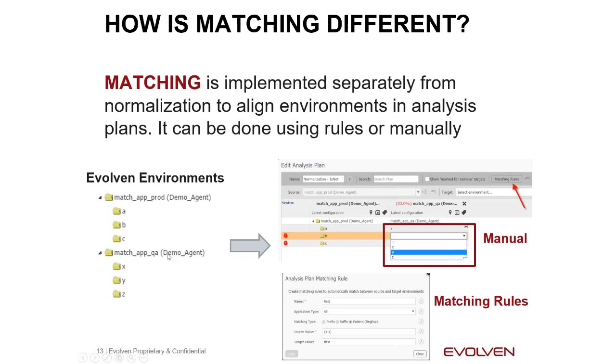And when we do that, what we find is that A, B, and C are identified as folders, and X, Y, and Z are not shown, in the sense that A, B, and C as your source are going to show up, and then it won't know on the right side what to align, because by default, X, Y, and Z have nothing to do with A, B, and C, and that would be the normal situation, that those are different.